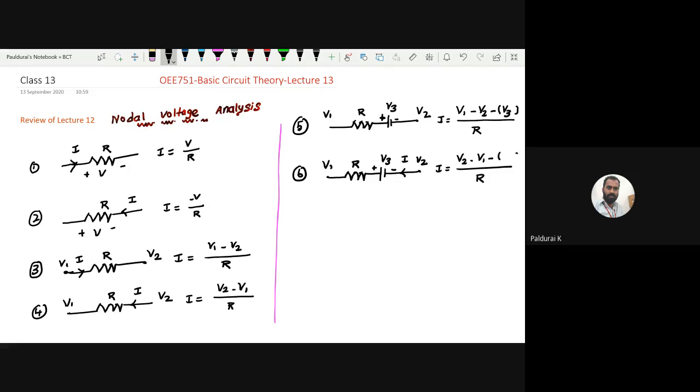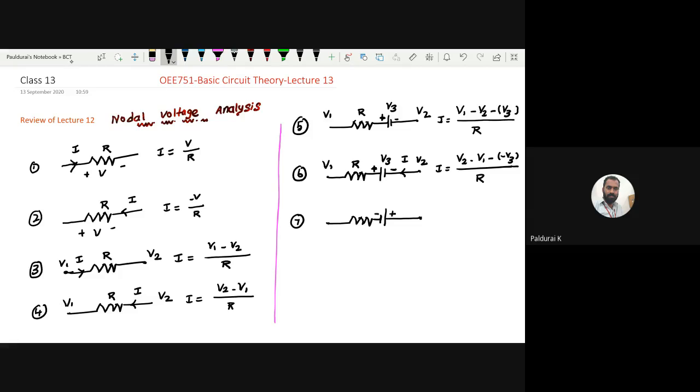For the intermediate voltage source, put a bracket. So this time it is minus V3, since the current is flowing from minus to plus; for the intermediate voltage source, consider the starting polarity in a bracket.